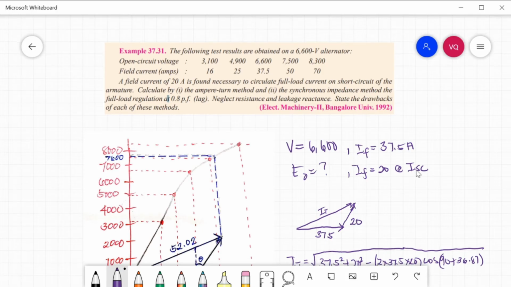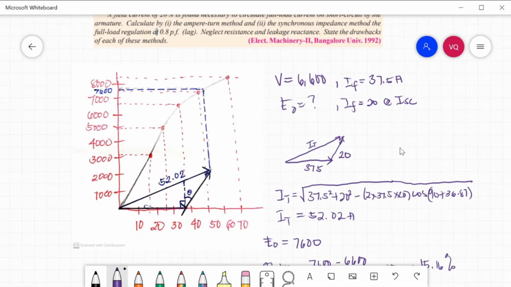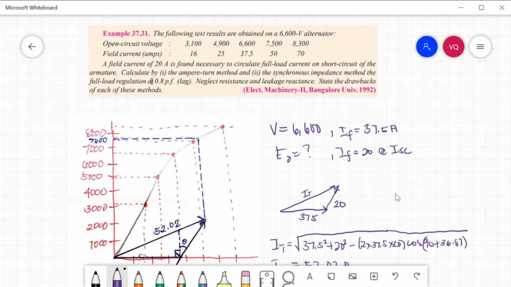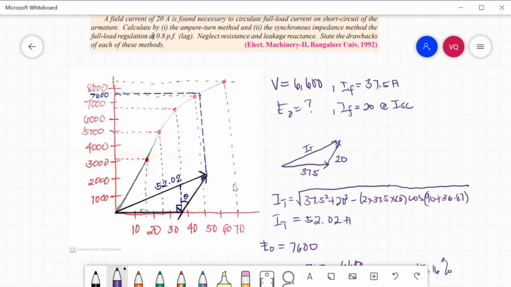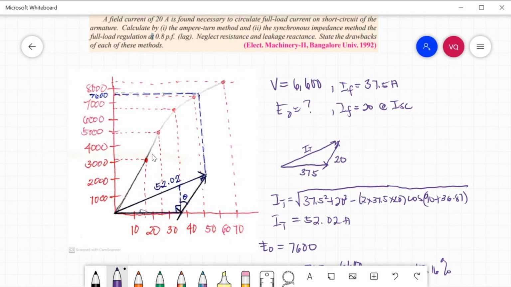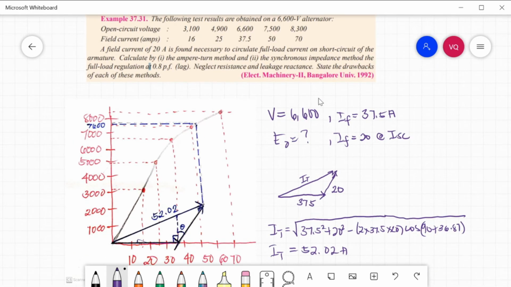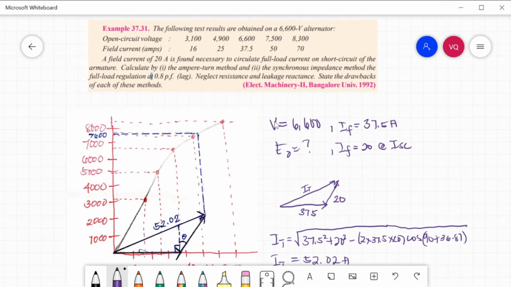So here, I plotted the open circuit voltages and the field currents. So this is the result of the OCC. So for our terminal voltage, that is 6,600, it has a field current of 37.5 amperes.